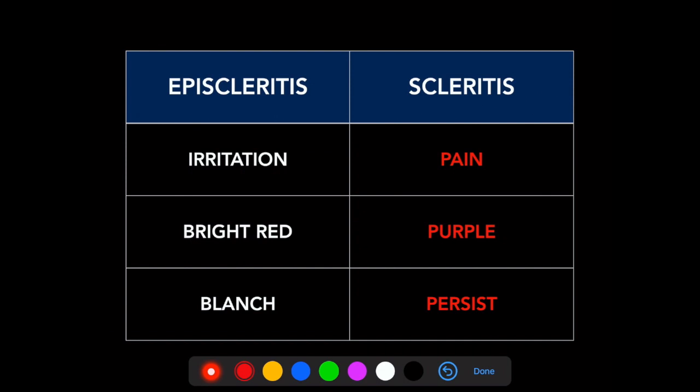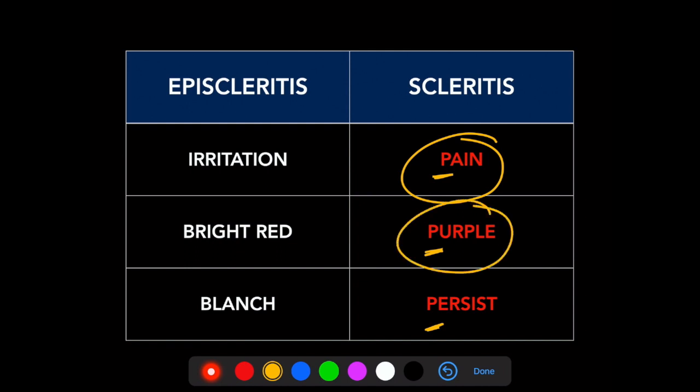To encapsulate everything I've told you till now, for scleritis remember the 3 P's: pain, purple, persist. Scleritis patients will scream, it's painful. You will have pain intense enough to wake the patient from sleep. That is how the pain in scleritis is going to be.